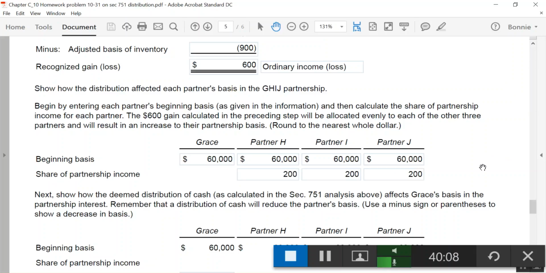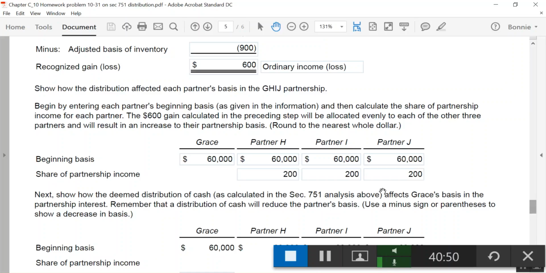Then, and this is the tricky part, what you're supposed to do is allocate the $600 gain, the deemed gain recognized, not just realized, by the partnership on this distribution. You allocate that evenly to each of the other three partners. Grace's distribution will be applied to her basis separately, but the other three partners just share evenly in the gain.